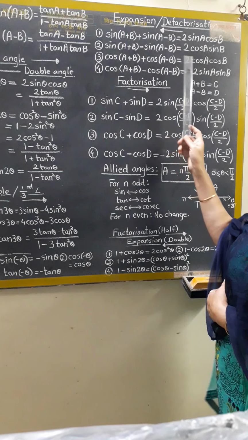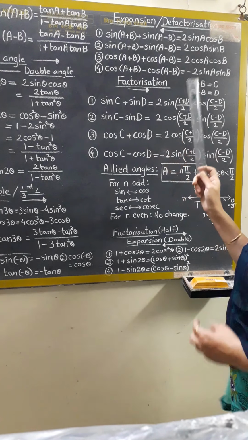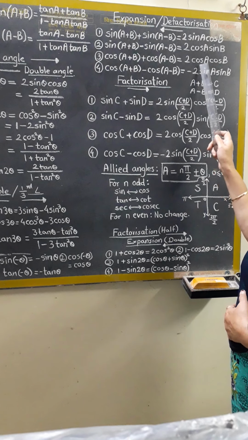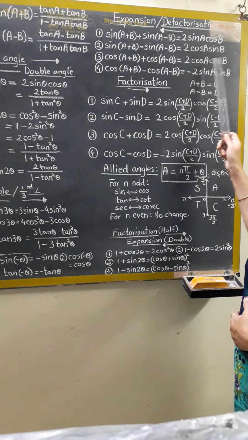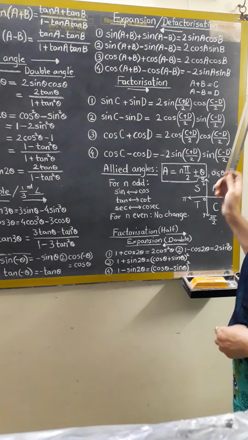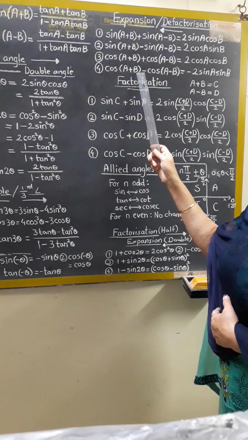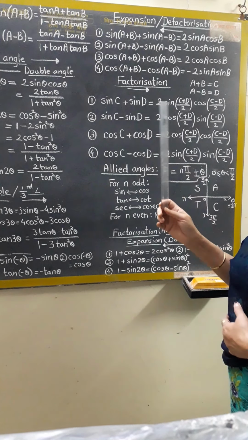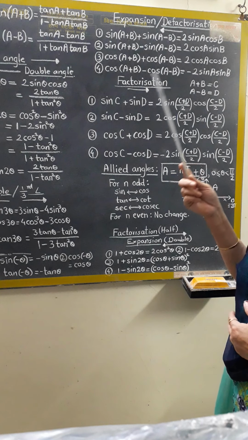So here you get that when we add those two formulas, twice the first term appears on the right side, that is cosine of both the angles, and when we subtract the two compound angle formulae, we get twice the second term.